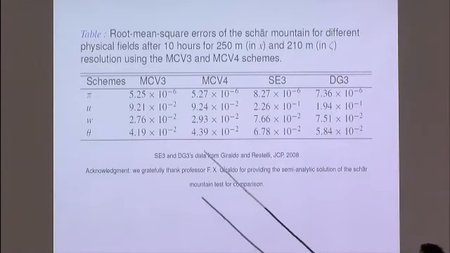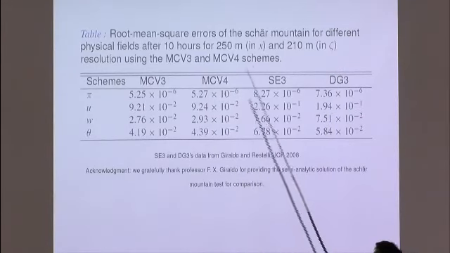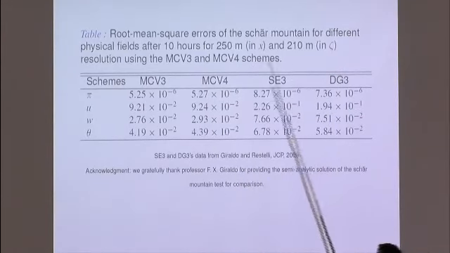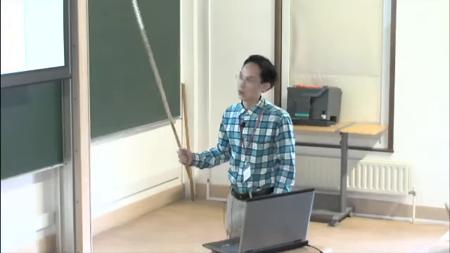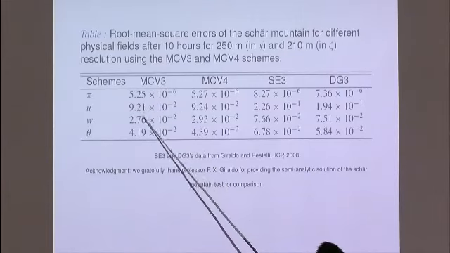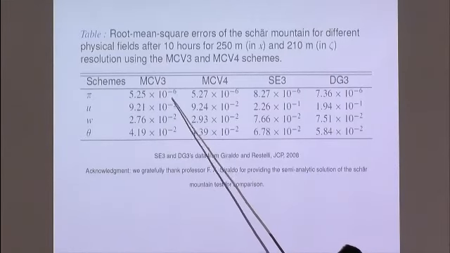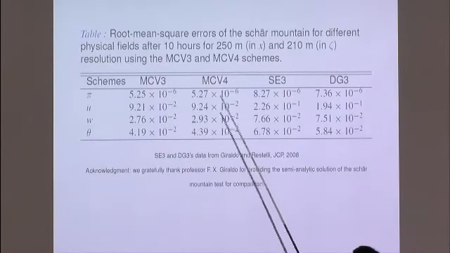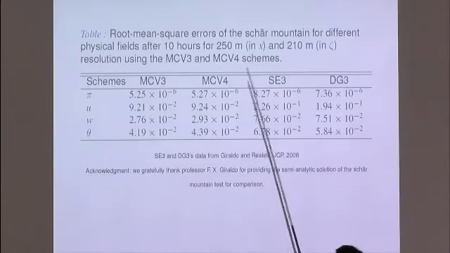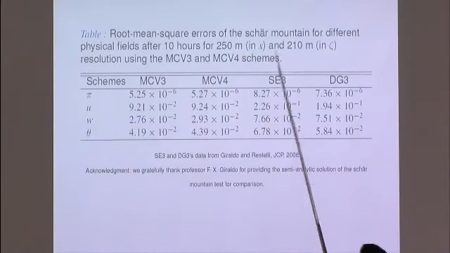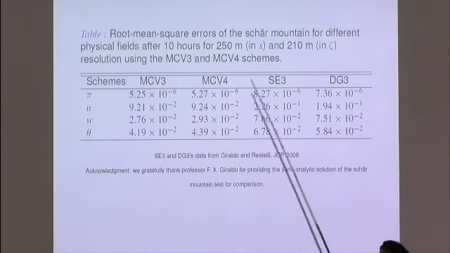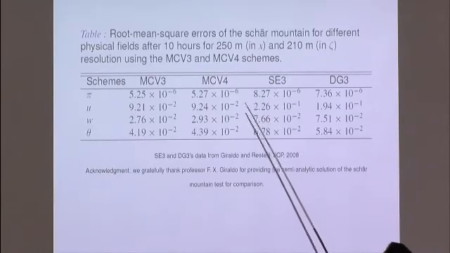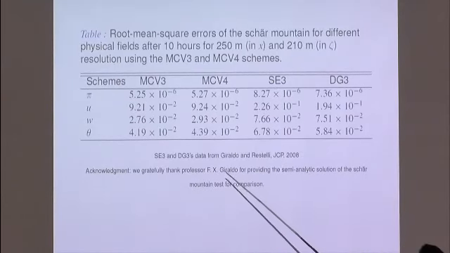Yes, we also calculate root mean square errors compared to the analytic solutions. Here it shows our simulation result. We compare to spectral element and the DG method. We found in this test case our root mean square error is smaller than DG and the spectral element.